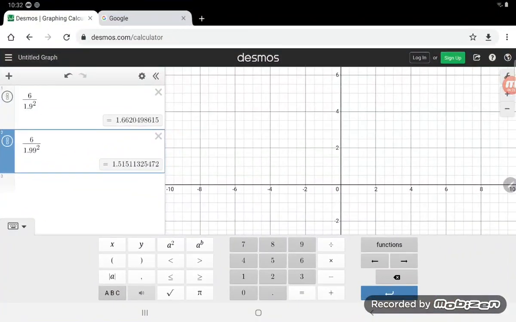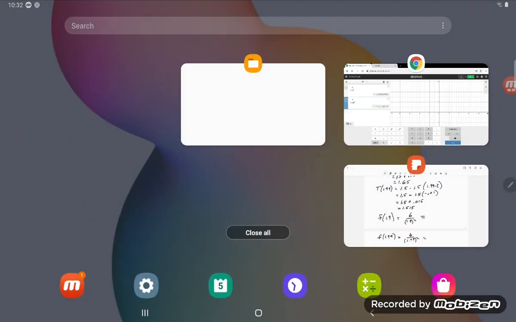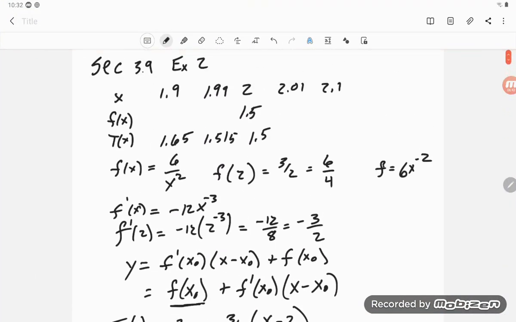So when I did 6 over 1.9 squared, I got 1.662, and then over 1.99 squared, 1.515. So hopefully I can remember those numbers. 1.662 and 1.5151, I think, was the next number. But you see, these numbers are pretty close. They're starting to get farther and farther away, but not bad.